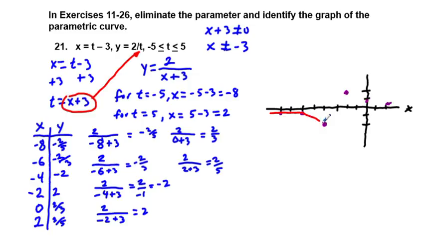Declining, declining. Now, a thing that we don't really see, but we saw our x is not equal to negative 3. What we have here is a vertical asymptote at x equals negative 3.